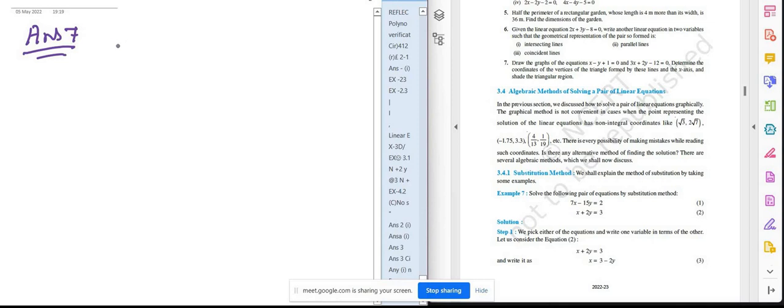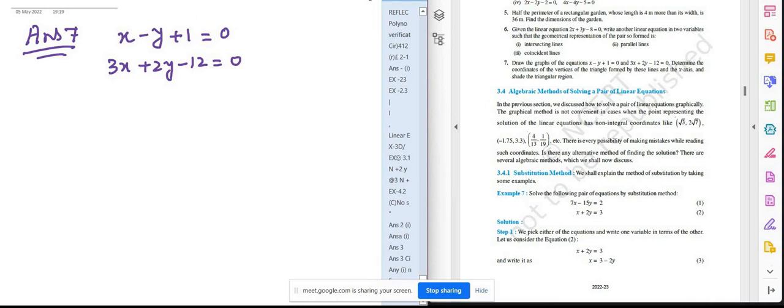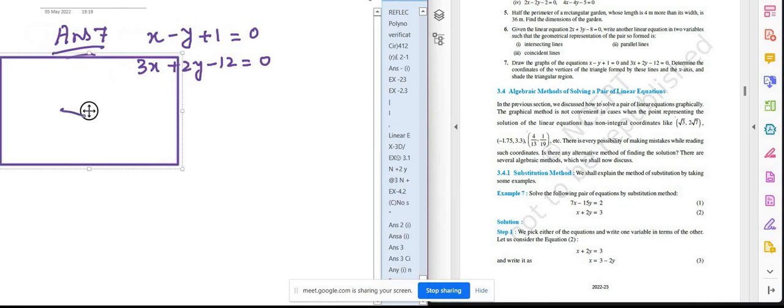Here first you have to draw the graph of x minus y plus 1 equals 0. Then 3x plus 2y minus 12 equals 0. Now make two boxes.